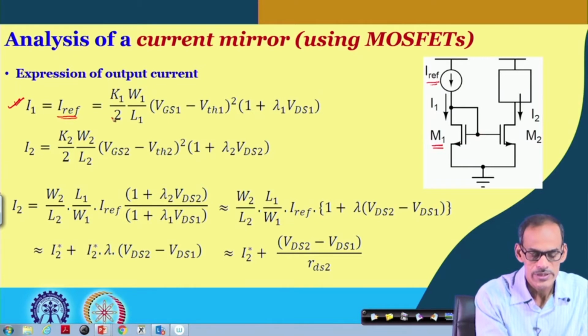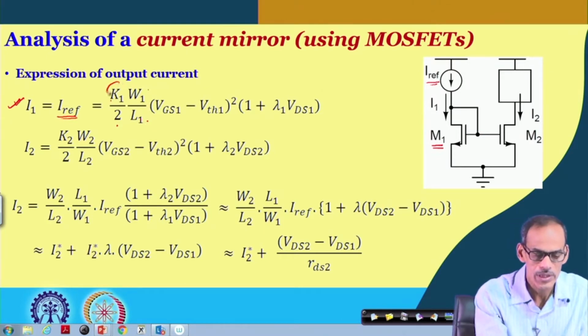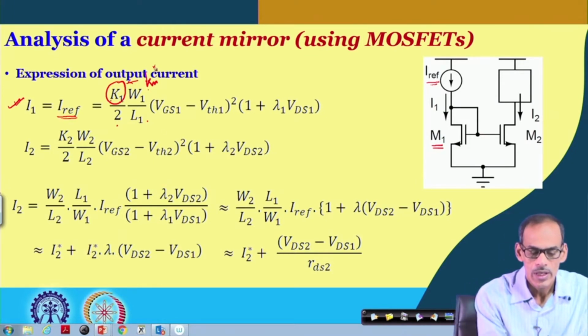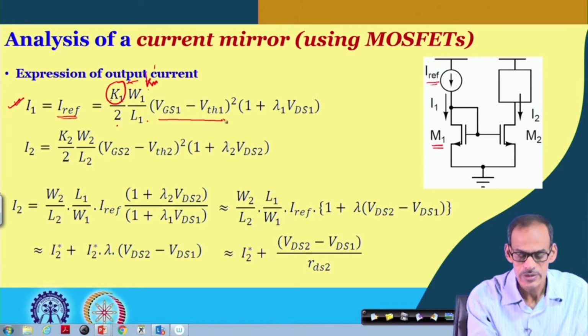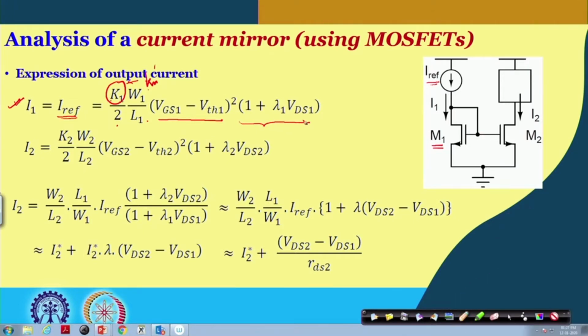Its expression is K divided by 2 times W by L of the transistor, where K is typically referred to in textbooks as K n dash, the transconductance parameter, multiplied by VGS minus VTH of the transistor squared, and then 1 plus lambda into VDS of the transistor.